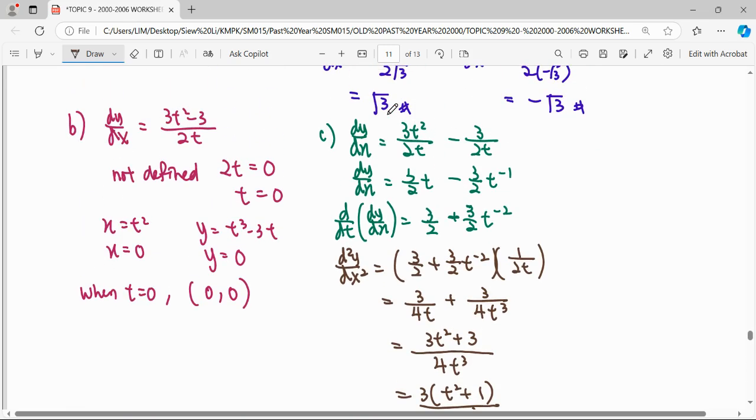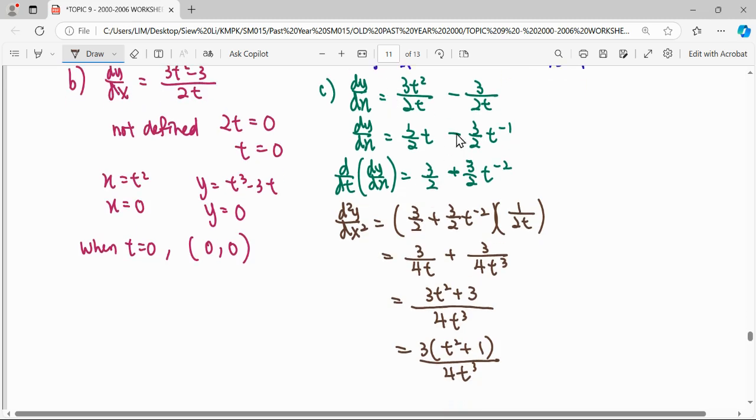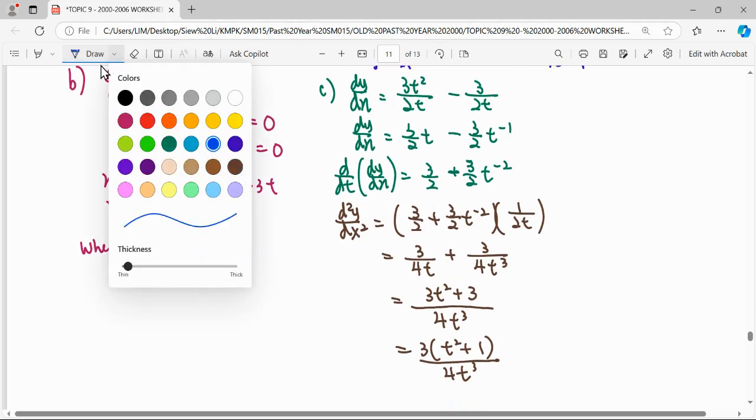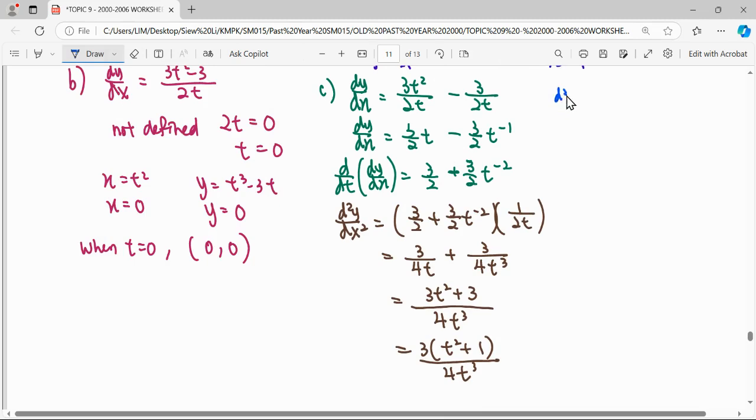So we take our d2y/dx squared to be less than 0 to find out what your t value is. This brings you back to topic 2, which is answering inequalities. To answer these inequalities, you can see we have t squared plus 1.